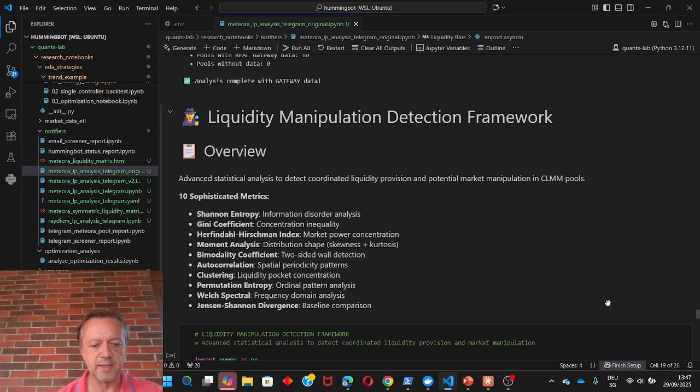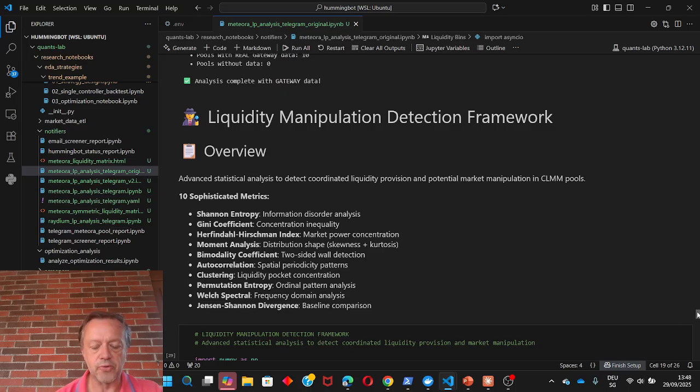And then last but not least, the last three statistics that we use are the permutation entropy, which is analyzing the ordinal patterns present in the pool, the Welch spectral analysis, and the Jensen-Shannon divergence for baseline comparison.